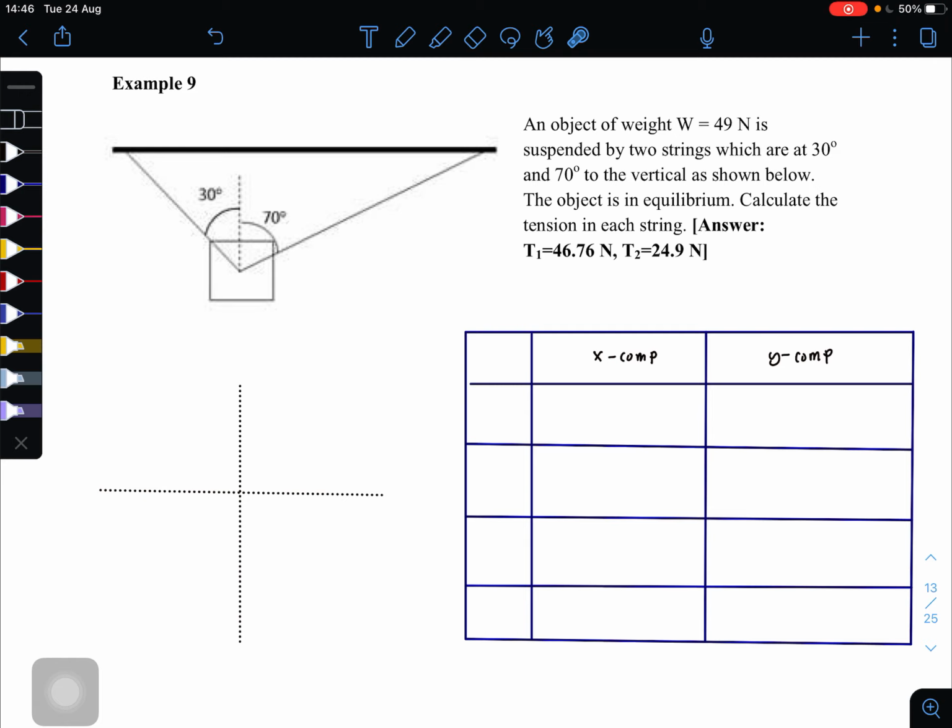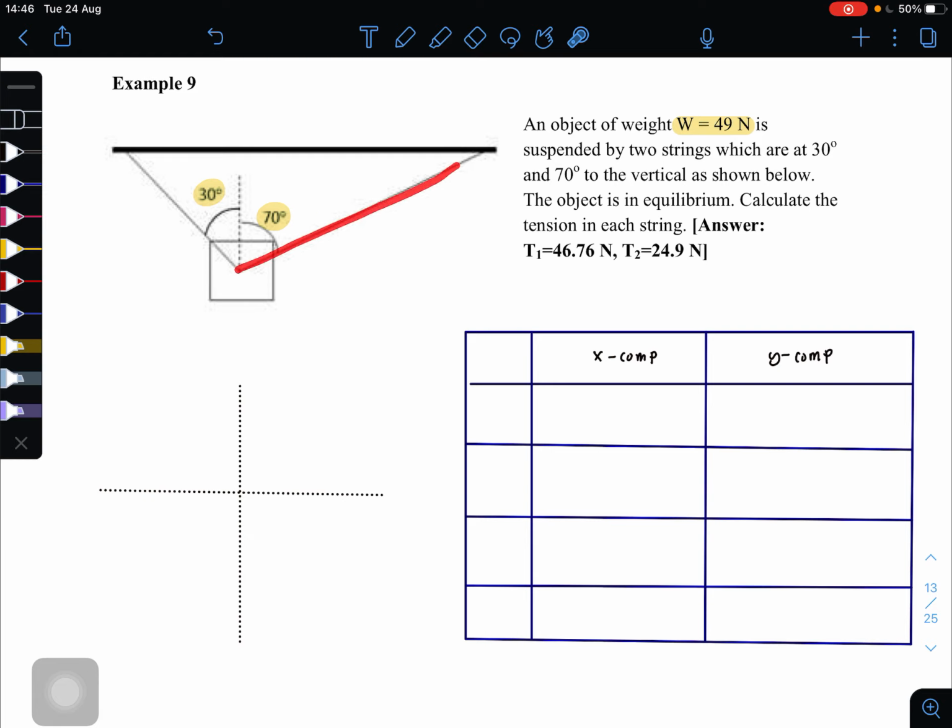Okay, since we are already given the diagram here, we don't need to imagine, so it's easier for us to identify all the forces. We are given the information weight is equal to 49 Newton, and then we are given the angle here, and we have two strings.